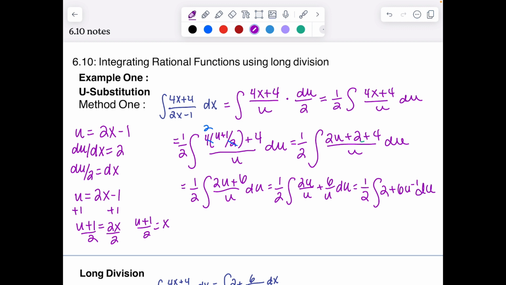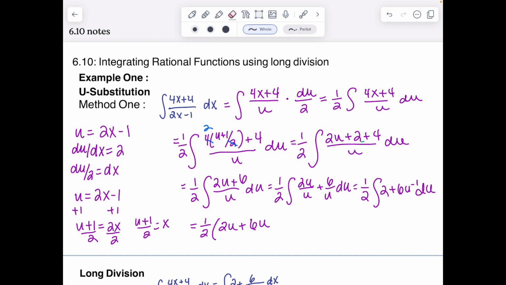Now it's in a form where I can take the antiderivative. Everything's in exponential form, nothing's in a fraction, and then it's just addition. So that's going to be 1/2 times 2u plus 6u to the, what is this again? Oh, you actually didn't need to do what I did, because this 1 over u is just the natural log.